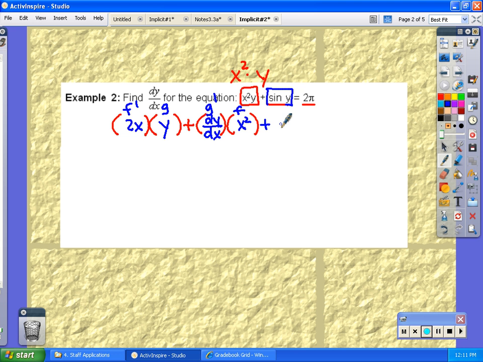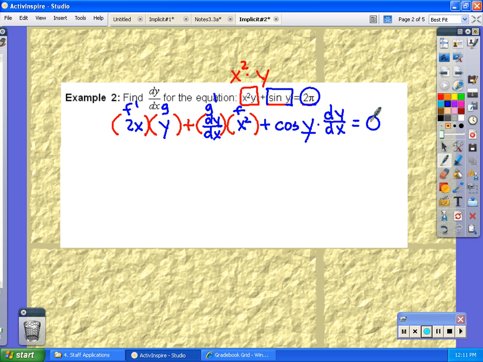The derivative of the sine is the cosine, but you also have to multiply by dy over dx because this term involved a y, equals, the derivative of 2 pi is simply 0 because that's a number.